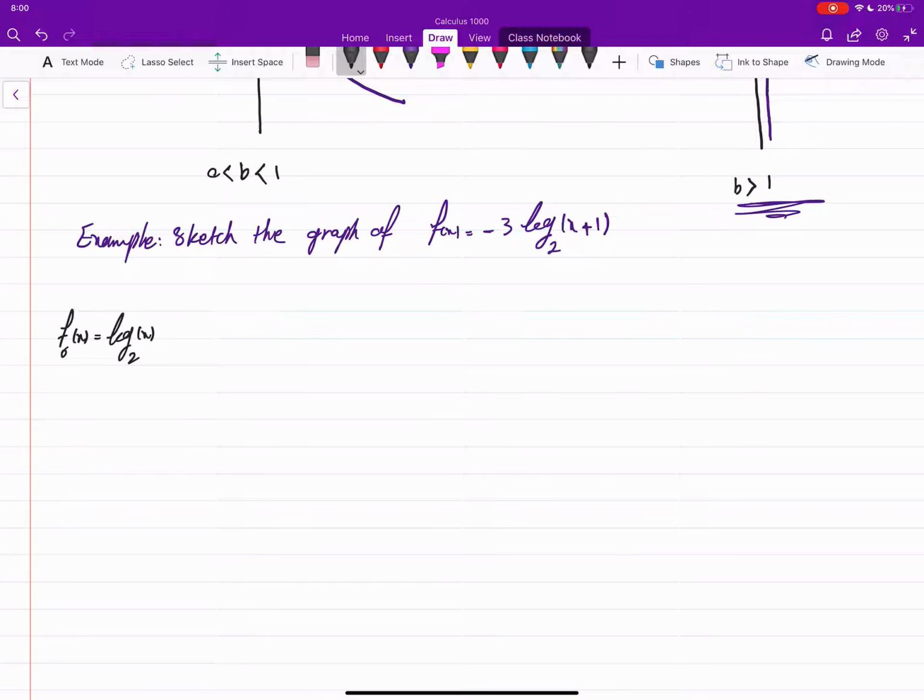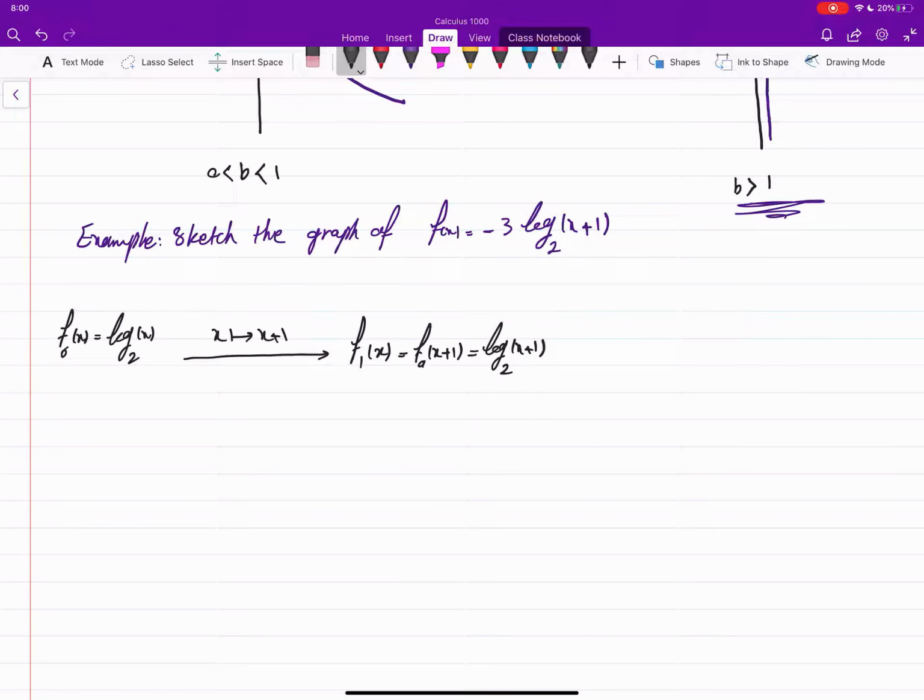Then you see the x, we add 1 to x. So we switch x to x plus 1. So we get f1. The first function is the previous function, you switch x to x plus 1, which gives us log of x plus 1 base 2.